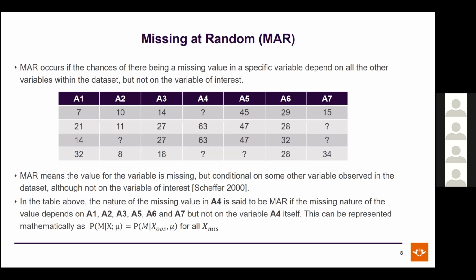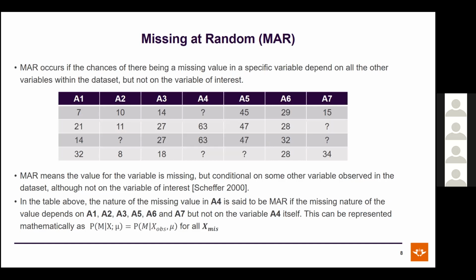Now, we'll take the table again. In the table which is depicted, the nature of the missing value in A4 is said to be missing at random if the missing nature of the value depends on all the other available data entries.